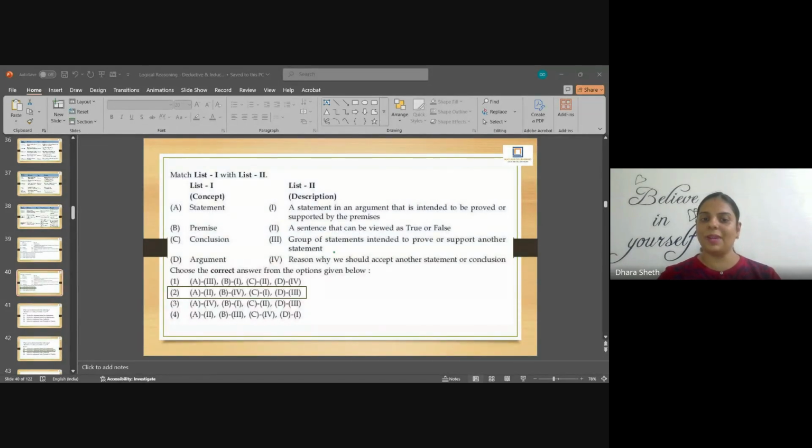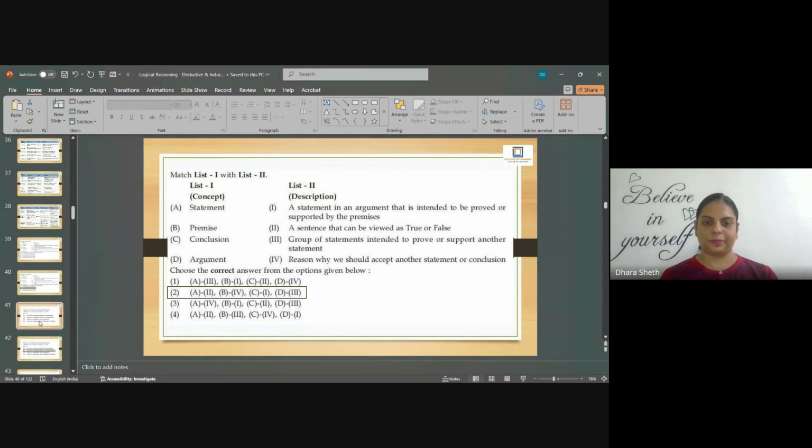Argument is made up of premise and conclusion. So it is that statement that is intended to be proved, or it is a statement that is supported by the premises. And last one, what is argument? A group of statements intended to prove or support another statement.